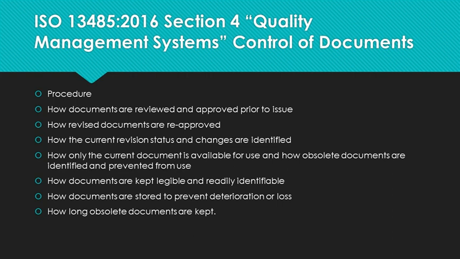I have a machine shop that specifically encloses them in a transparent cover or film. The procedure must document how documents are stored to prevent deterioration or loss, and the procedure must document how long documents are kept.